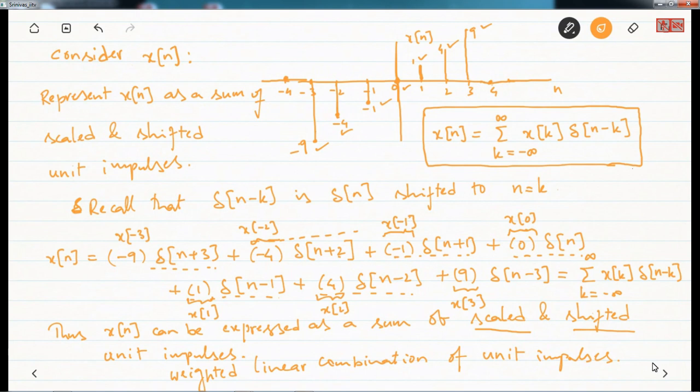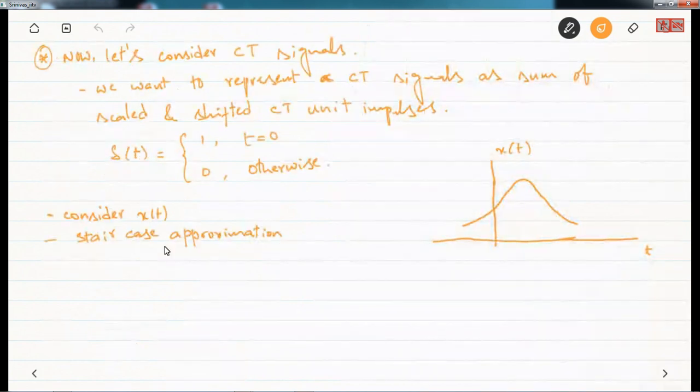We haven't done anything new; we just expressed this long equation as a short compact equation. So remember this, because we will derive a similar equation.